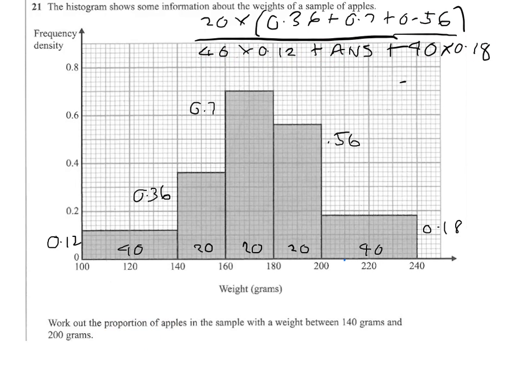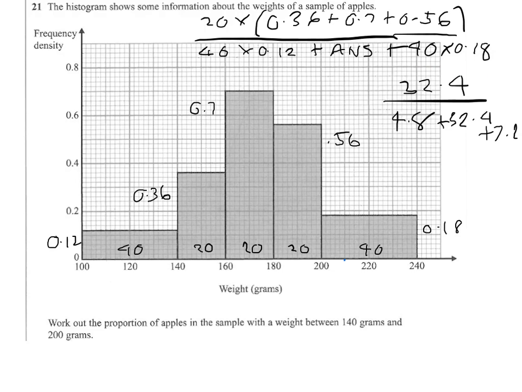So the top comes to 32.4. Along the bottom you're going to have 4.8, that's the 40 times 0.12, then the answer from the top, which is 32.4, plus the 40 times 0.18, which is 7.2.